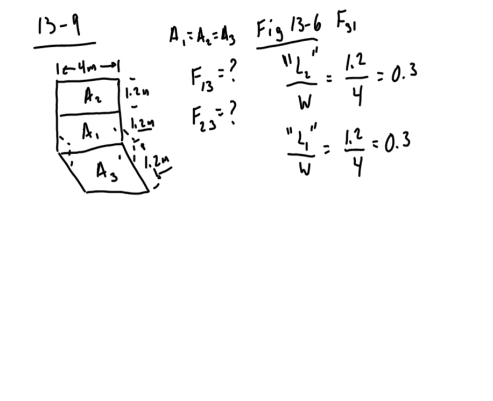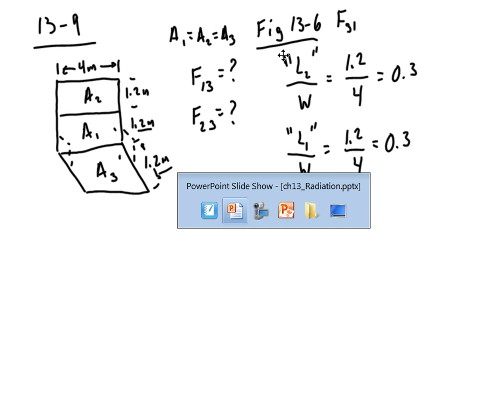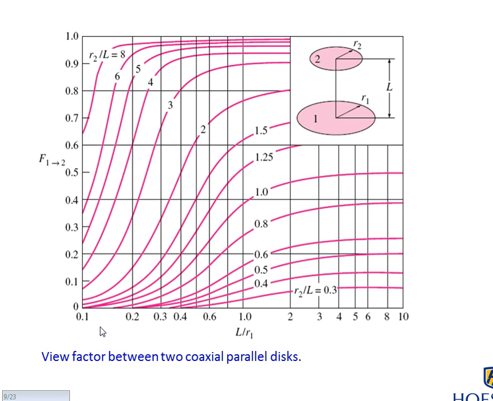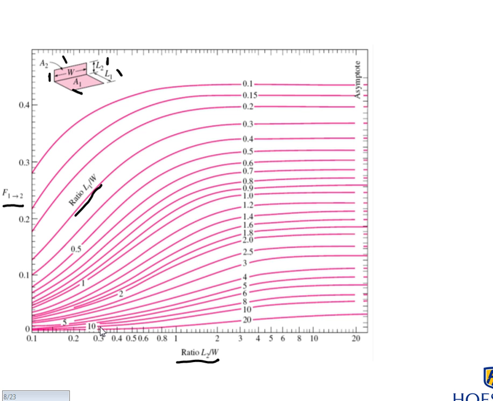Okay. So from the chart, we go to 0.3, and we find that 0.3 here is this line, and then we'll just look across.